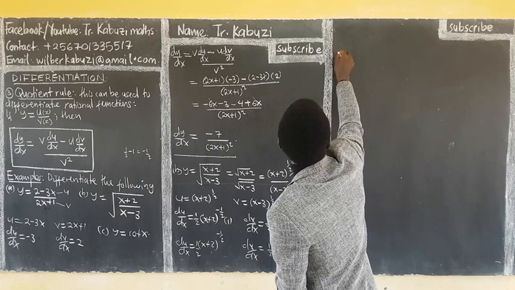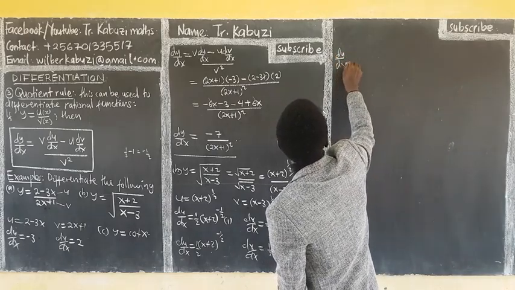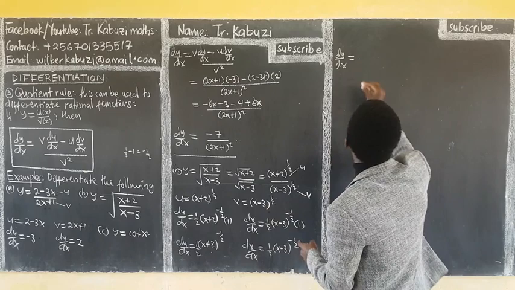Okay, so if I get my dx, that will be my v.